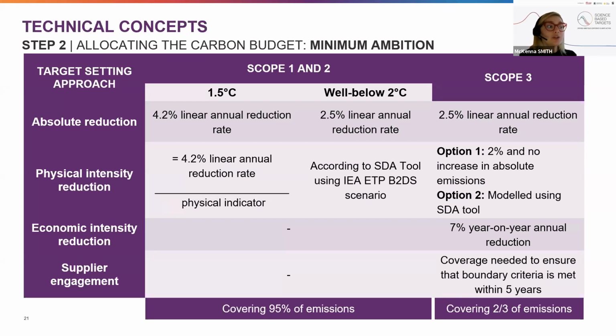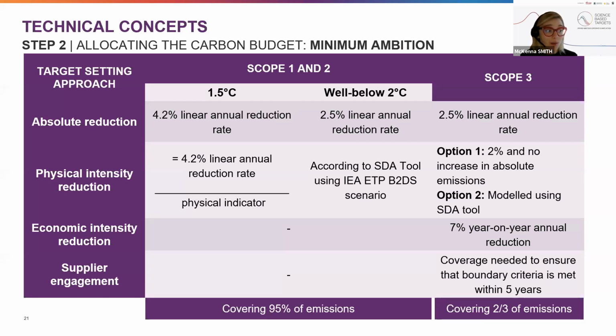With the physical intensity reductions, there are two different options here. One, you could model your scope 3 emissions based on the SDA, right? The SDA will calculate everything for you, and it tells you the different reduction rates you'll need. Or you can set a physical intensity scope 3 reduction target, which is 2% physical intensity improvements and no increase in absolute emissions.